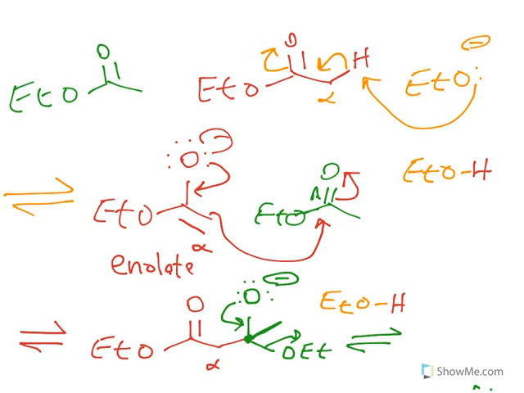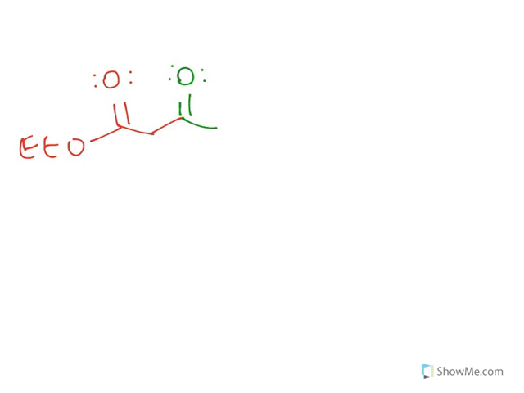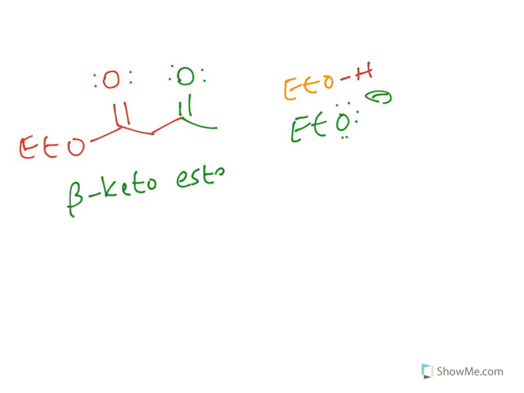And what color did I use for the ethoxide I kicked off? All right, so I've got ethanol and ethoxide. And I have my beta keto ester. However, it looks like we're done, but the problem is we have a beta keto ester, which has a very, very low pKa value.